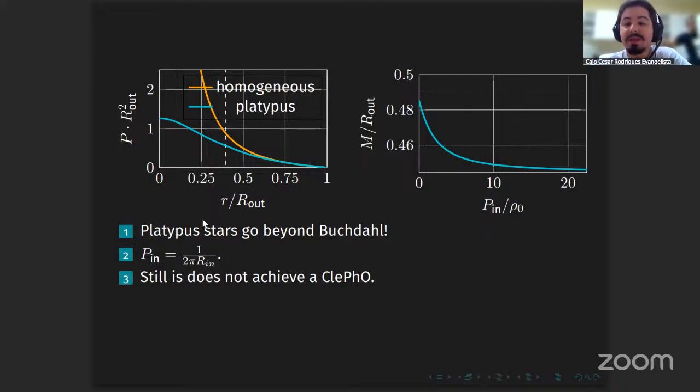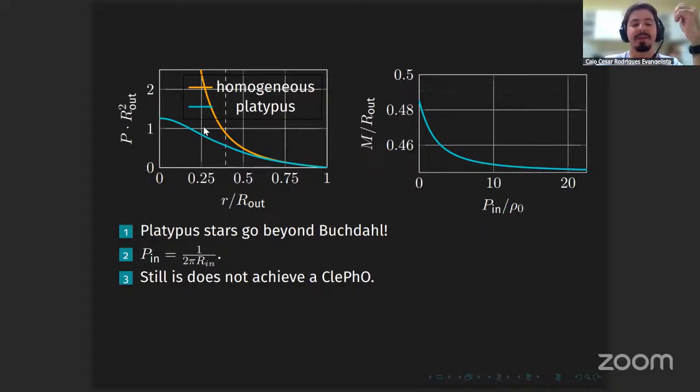For a platypus star, if you build a continuous model, we get this regularization. For example, this orange line is a homogeneous Schwarzschild star, and this blue line right here is the platypus. We can see that when it starts reaching the Buchdahl compactness, the 4/9 compactness, it explodes, which means that it collapses because the pressure starts to go to infinity.